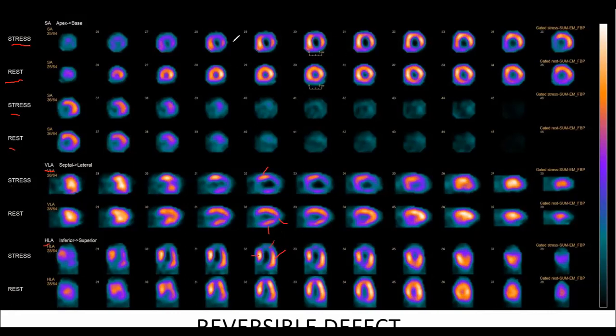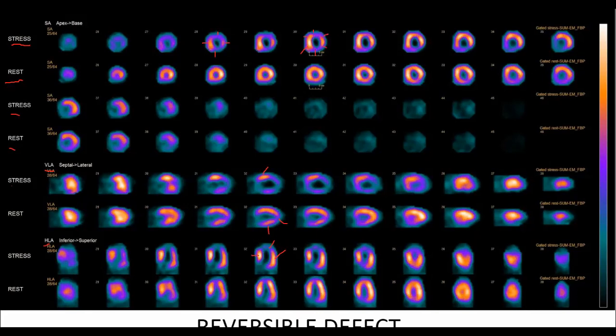And the short axis, we told you on the apical regions is going to be anterior, septum, lateral, inferior. At the mid cavity level, this is going to be anterior, anteroseptal, inferoseptal, inferior, inferolateral, anterolateral.